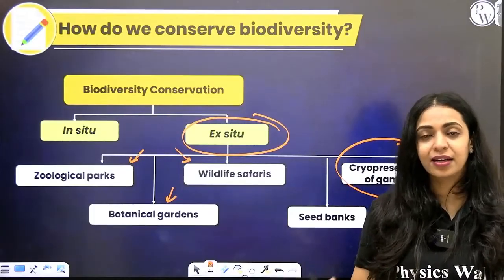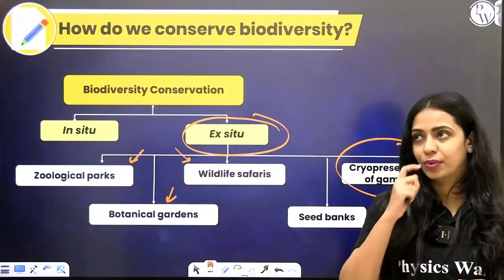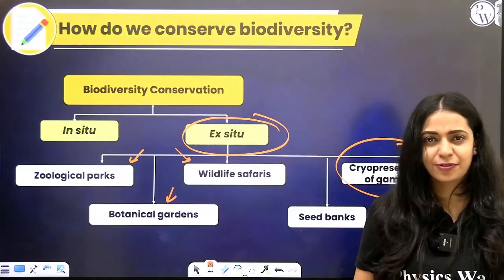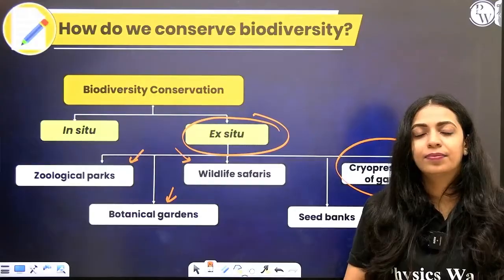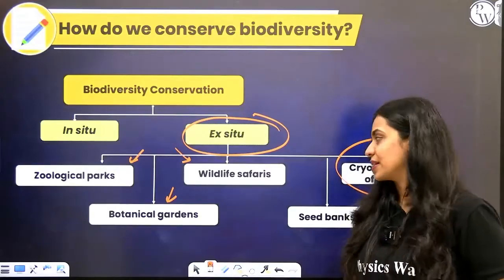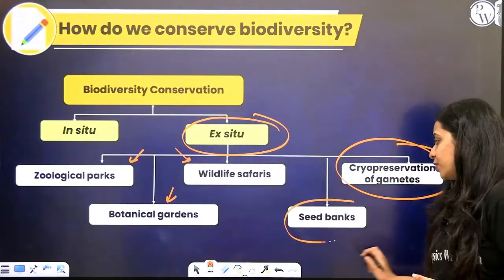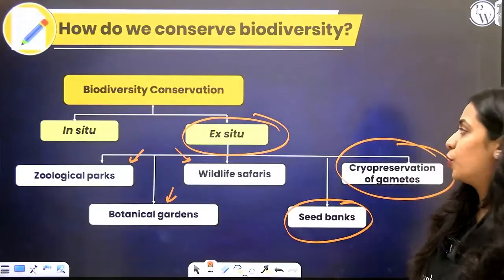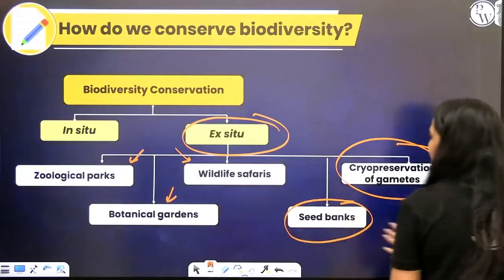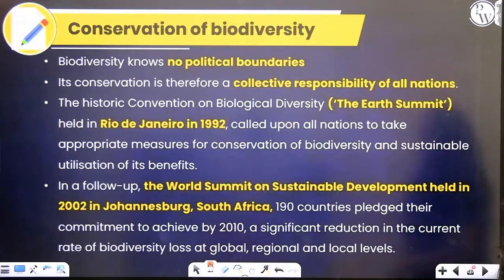So whenever there is a need, you can do artificial IVF, in vitro fertilization, and that is how you can make sure there is continuation of the species. And there are seed banks in which you can store different varieties of seeds, so you have that genetic variability stored there. These are examples of ex situ conservation.